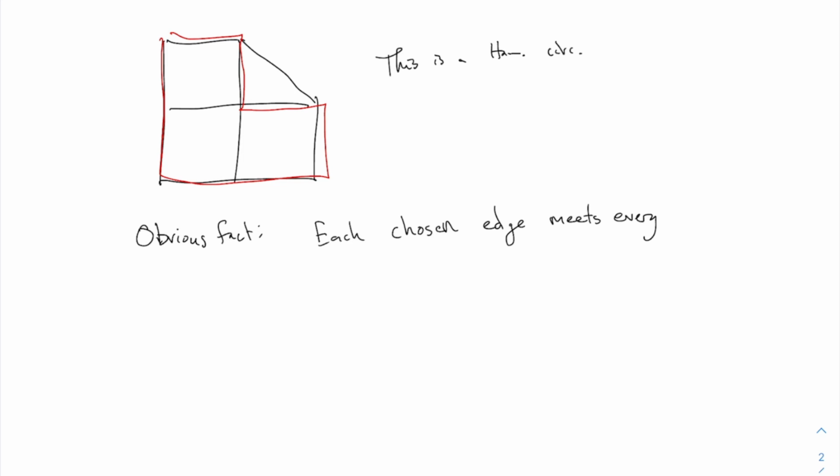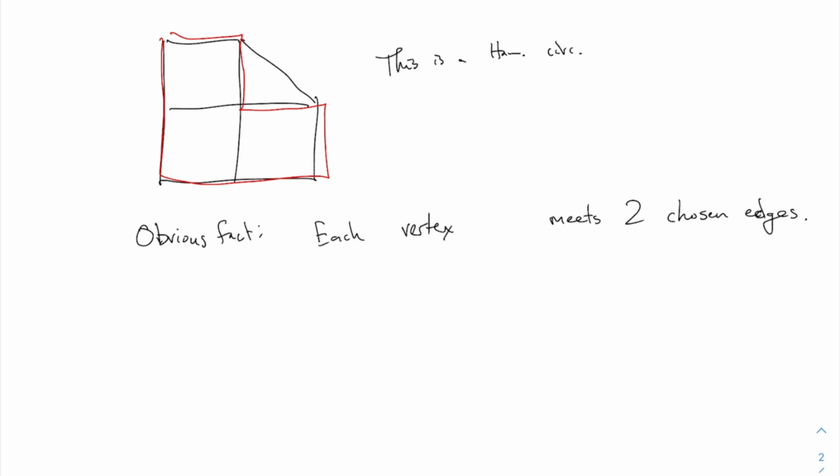What I want to say is, every vertex meets two chosen edges. That's what I wanted to say. I said it backwards. Every vertex meets two chosen edges.